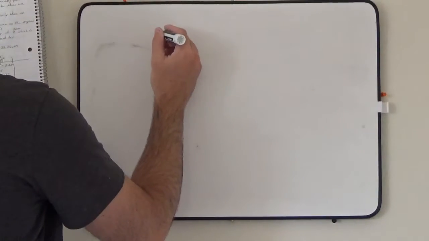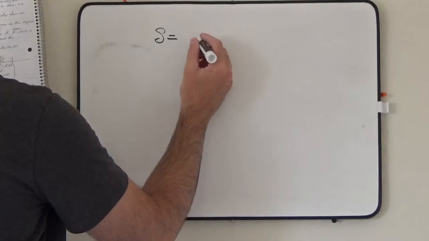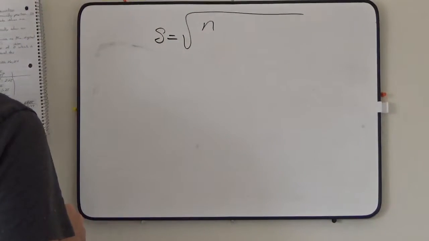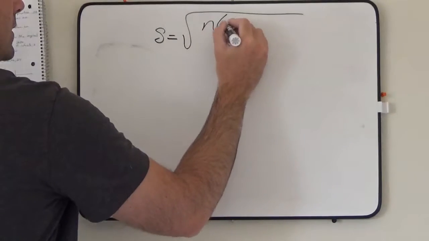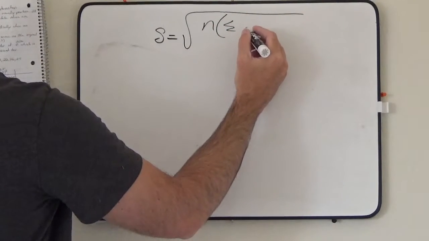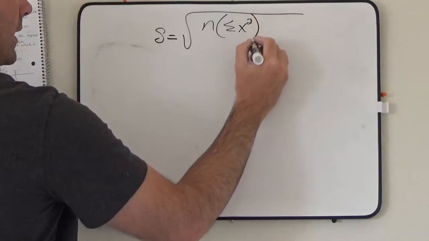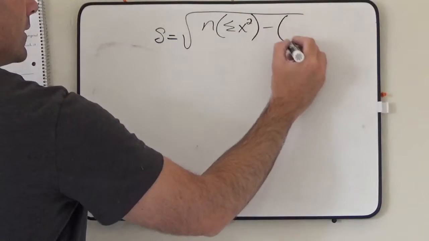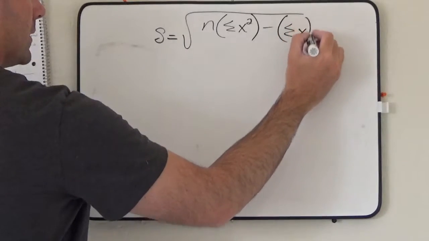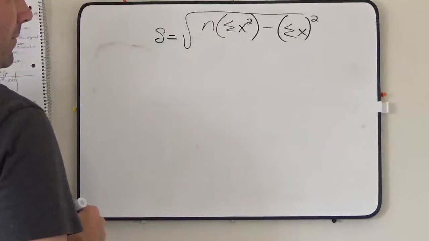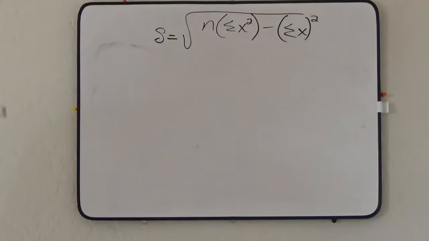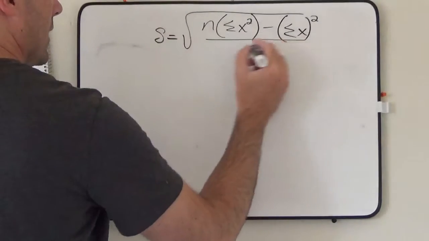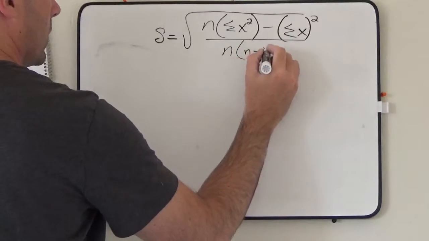So this one is S equals the square root of n, the number of items in your study, times the sum of, you square all the x's, minus the sum of all the x's, and then you square that. So you're going to take all the x's, add them together, and then square that answer, divided by n times n minus 1.